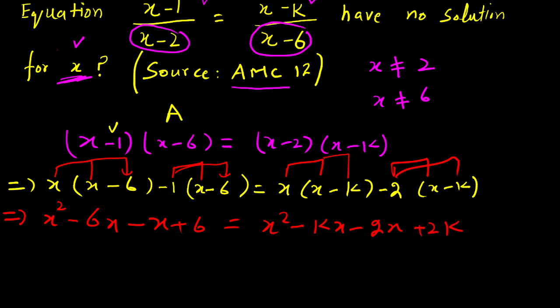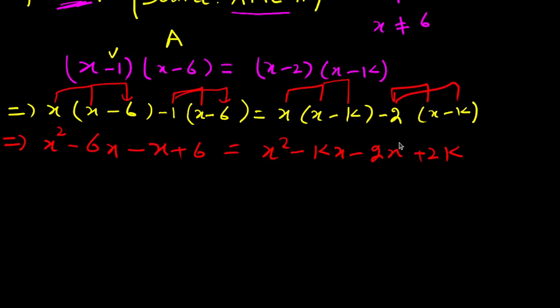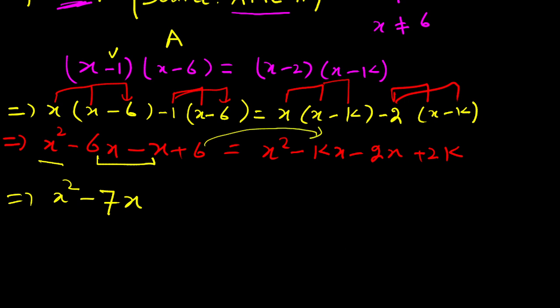All right, because you have to find x, you have to group the terms having x on one side and the terms without x on the other side. So the terms having x will be on the left hand side: x square, minus 6x and minus x will be minus 7x, and this 6 will go on the right hand side because it has no x.